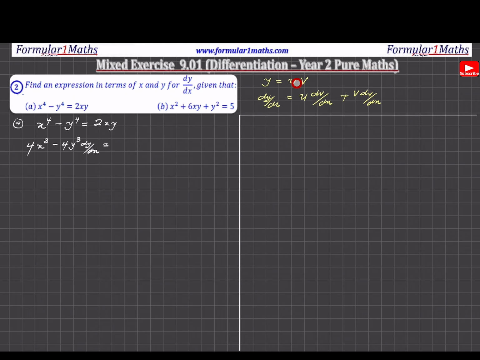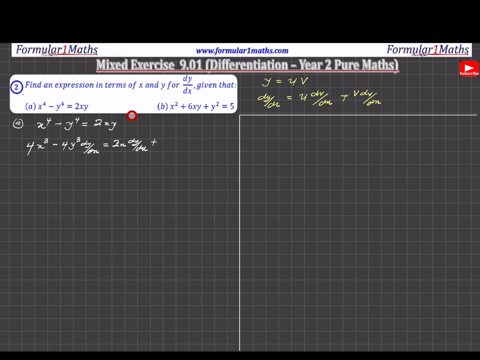Keep u constant, differentiate v, and then keep v constant and differentiate u. And so that's what I'm going to do for this product here. So now I'm going to get, keeping 2x constant, 2x, and differentiating the y, get dy dx, plus, keep the y constant this time, and differentiate 2x.